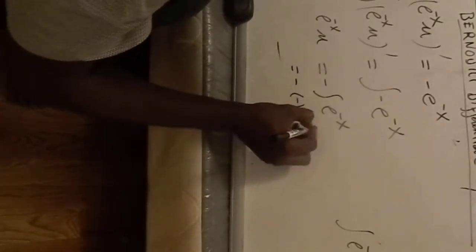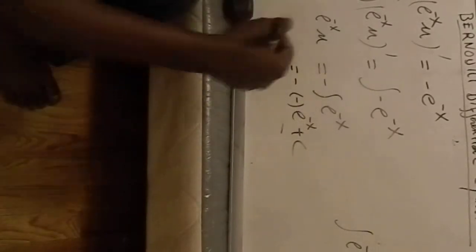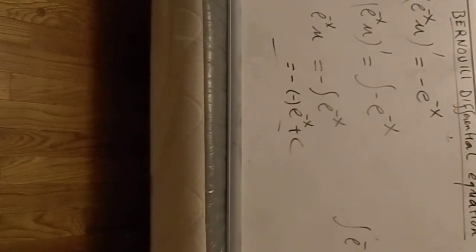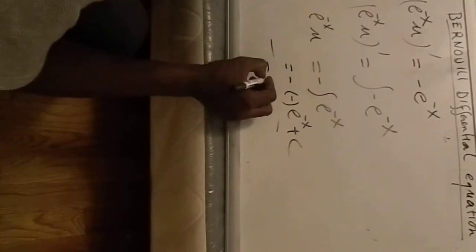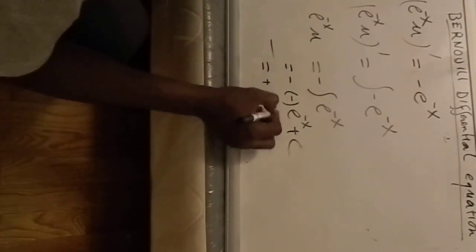I'm going to give you negative times negative e to the negative x plus c. I don't know if you see that. Could you see that? Basically, what I'm trying to say is that it's going to give you, at the bottom here, a positive e to the negative x plus c. That is what I have.